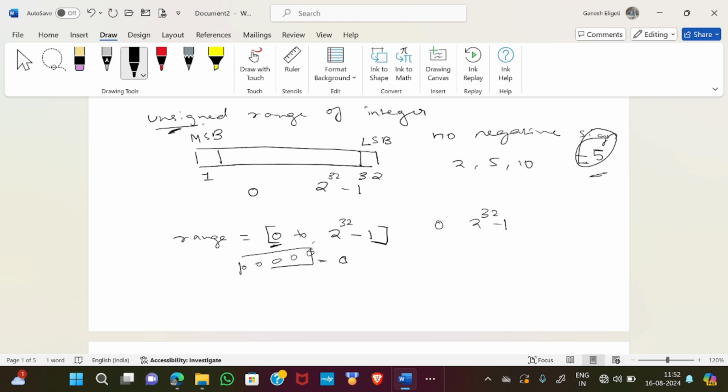So when I say the range is 0 to 2 power 32 minus 1, the minimum you can represent is 0 and the maximum you can represent is 2 power 32 minus 1.